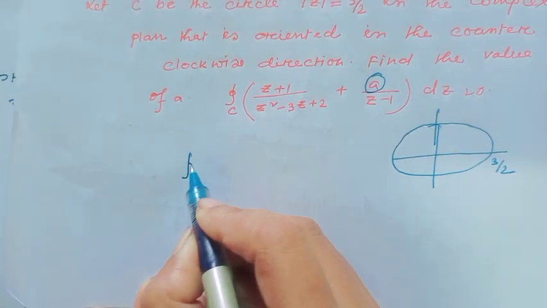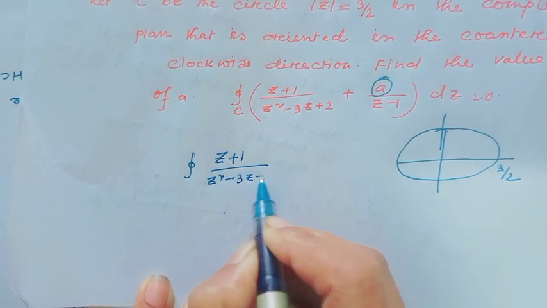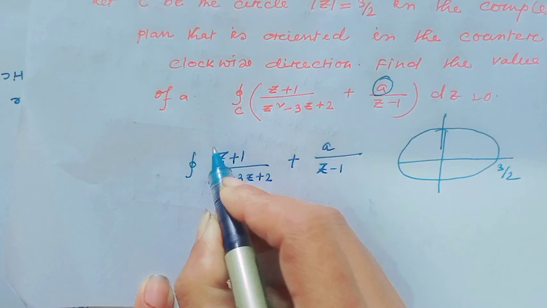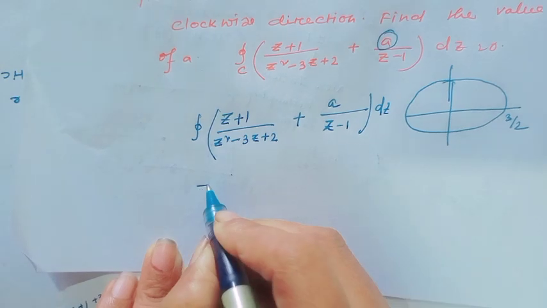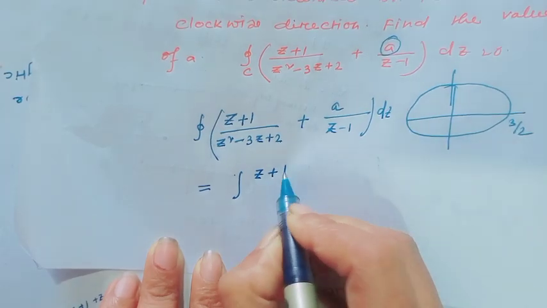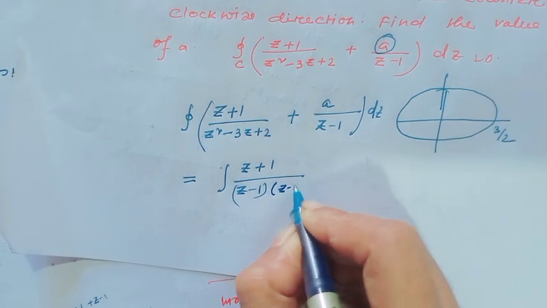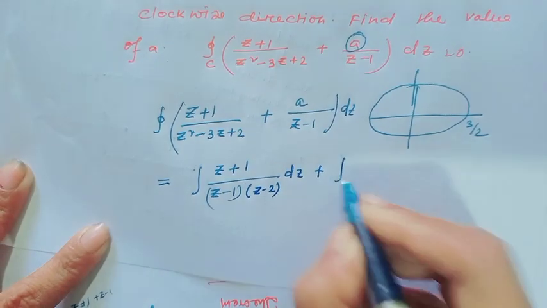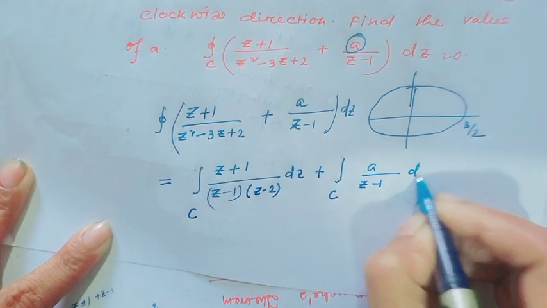That means the integration of z plus 1 over z square minus 3z plus 2 plus a over z minus 1 dz, and this value is equal to, we can write separately, integration of z plus 1 over z minus 1 times z minus 2 dz plus integration on the contour C of a over z minus 1 dz.